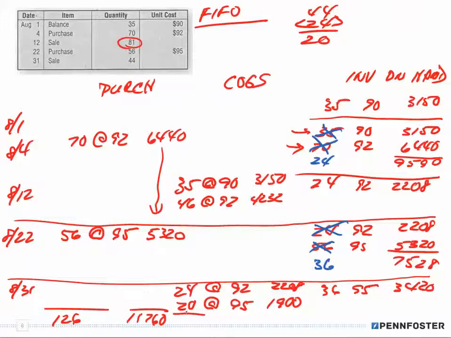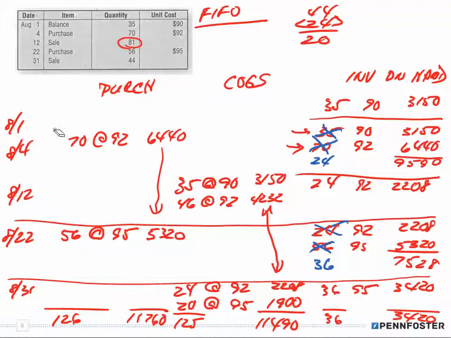For my cost of goods sold, I sold 81 and 44, which is 125 units, and the total of these four numbers is 11,490. And of course, I have 36 units on hand for a total inventory value of 3,420. So that's FIFO.